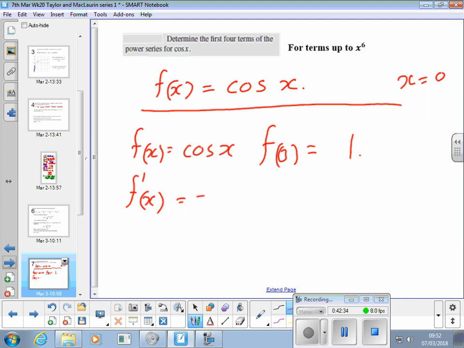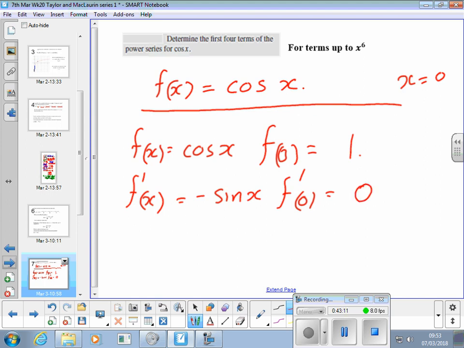Minus sine x. f dash at 0 is equal to minus sine of 0, which is 0.